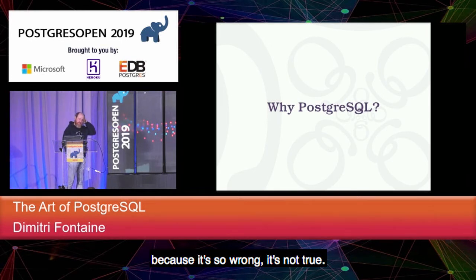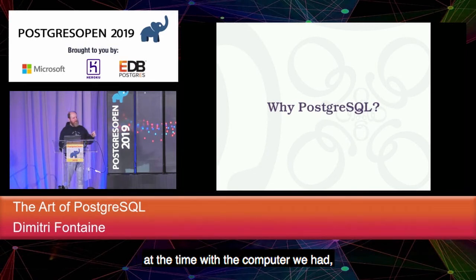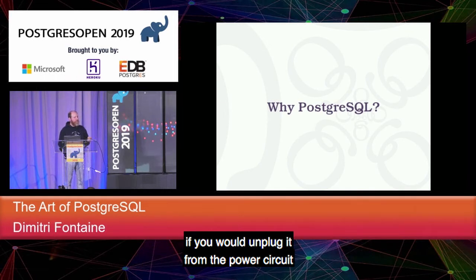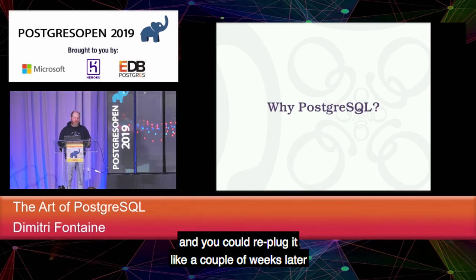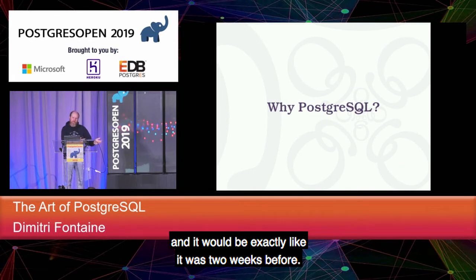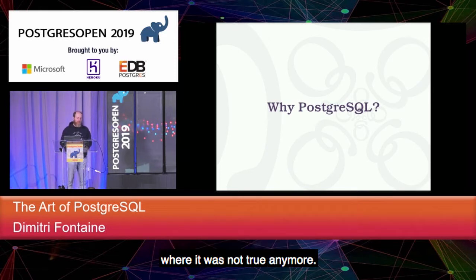It's not true. Like storage in the 60s, it was easy because at the time, with the computer we had, if you would unplug it from the power socket, then anything that was in memory would stay exactly the way it was. And you could replug it like a couple of weeks later, and it would be exactly like it was two weeks before. And in the 70s, we switched to other technology where it was not true anymore.